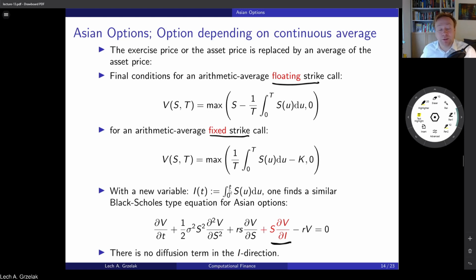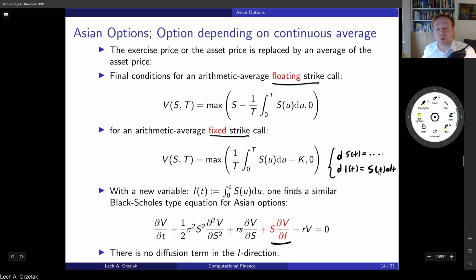So how to see it? If you have the integral I, you can see dI(t) is equal to S(t) dt. If you integrate, you would see that we have the integral of S(t) dt. So first we have the dynamics for S(t), which would be just geometric Brownian motion, and we have a second dimension corresponding to the integral of S(t).